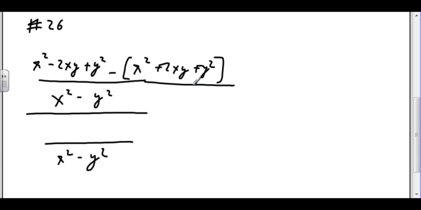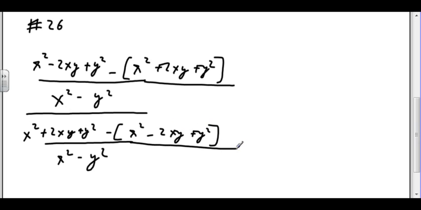And the other guy is going to be the same way, almost. So we're going to have x squared plus 2xy plus y squared minus the quantity x squared minus 2xy plus y squared. All right, so I got a common denominator, I got it factored out, I can get rid of this guy and this guy.